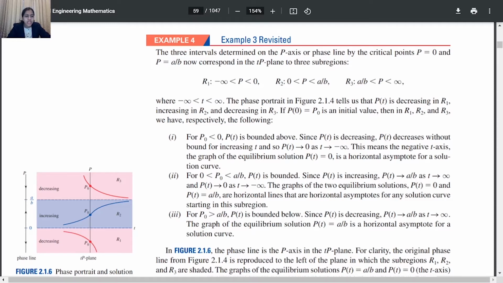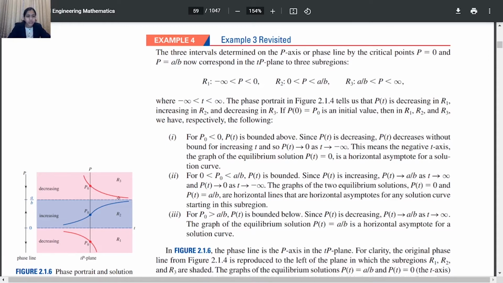Now similarly, consider the other region R3, where p naught is greater than a by b. In this region, the function p is bounded below by a by b, and here again it is decreasing. So we can say that as t tends to infinity, p approaches a by b. As t moves, the function is decreasing, so it is moving downwards.